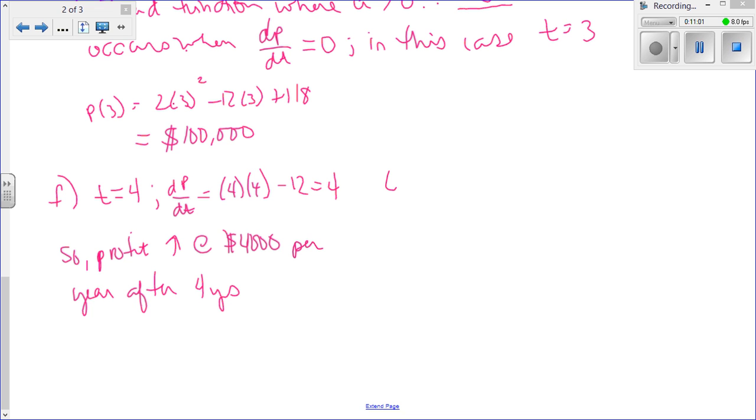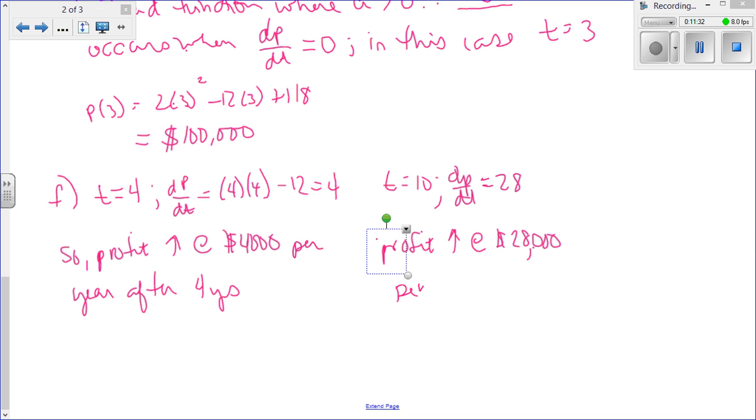If t is equal to 10, then dP/dt is equal to 4 times 10 minus 12, which is 28. So the profit increases at $28,000 per year after 10 years.